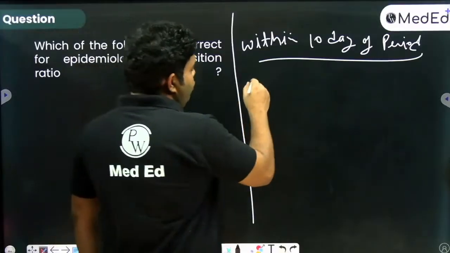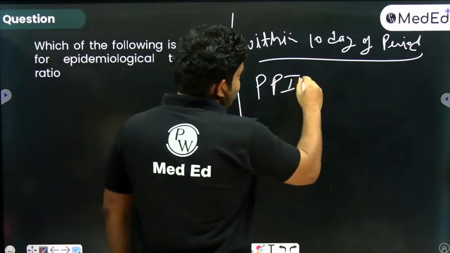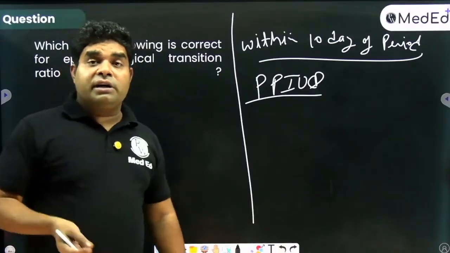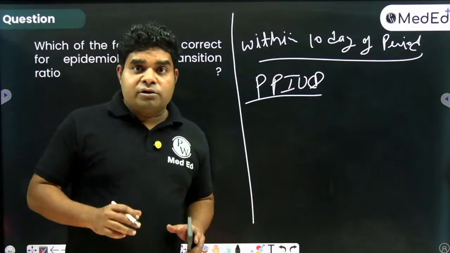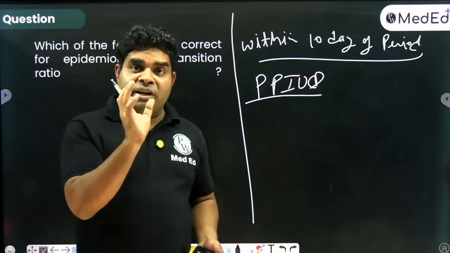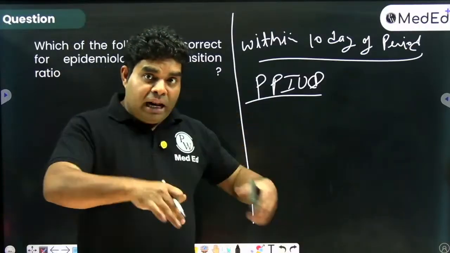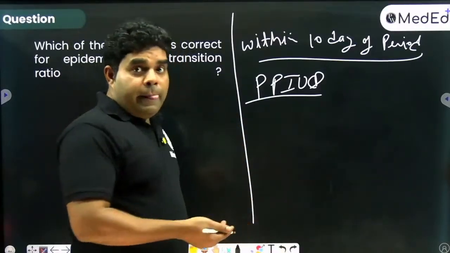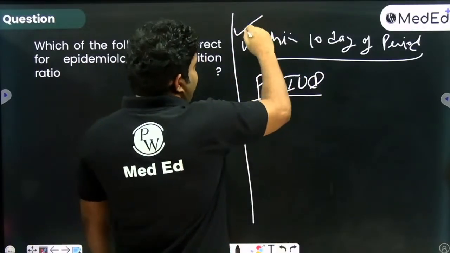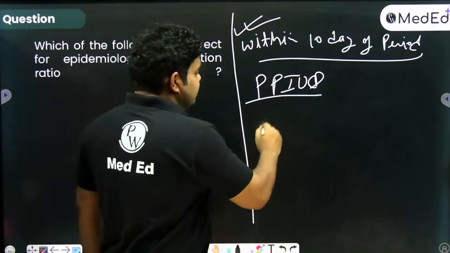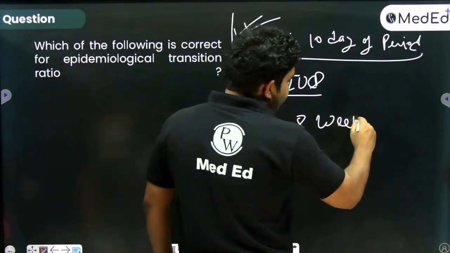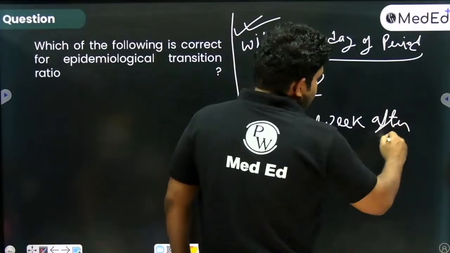Then there is postpartum IUCD, just after delivery, and this is not the ideal time for insertion because if you insert it just after delivery, the uterus is soft, it can rupture also, plus the uterus mouth is open due to delivery, so the IUCD can expel out also. So it's not the ideal time. So what is the ideal time? Ideal time can be within 10 days of delivery or within 10 days of period or 6 to 8 weeks after delivery.